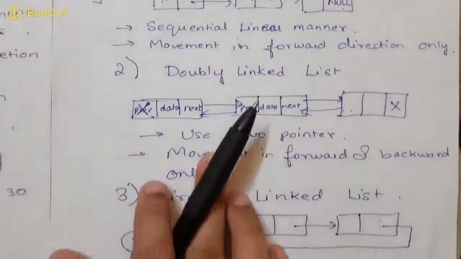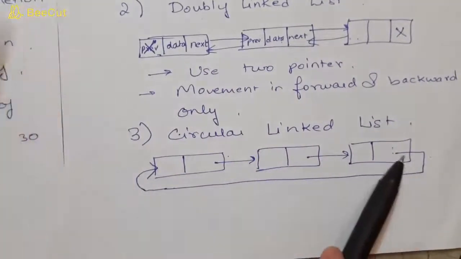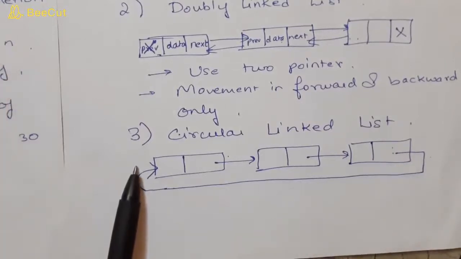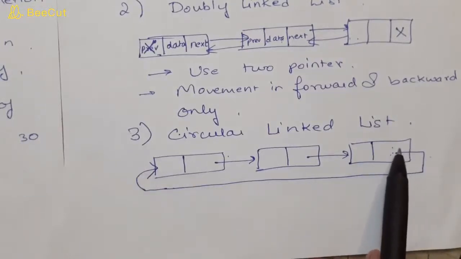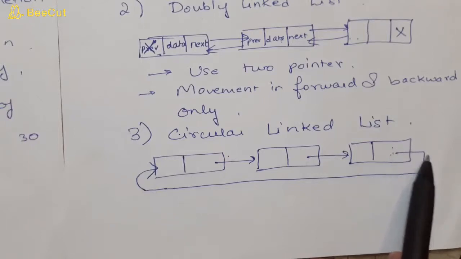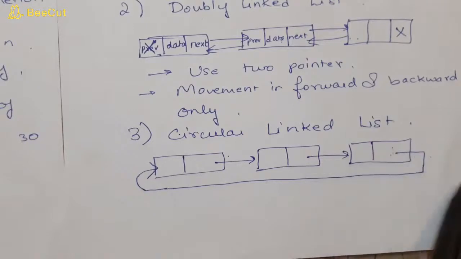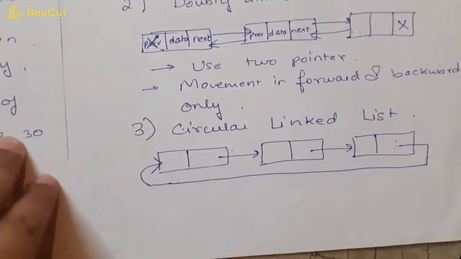In circular, we can access elements in the forward direction only, and from the last node you can access the first node. So you can see here that there is a link. The last node is not containing null in the next field, it is containing the address of the first node. So after the last node you can access the first node. I hope all these things must be clear.